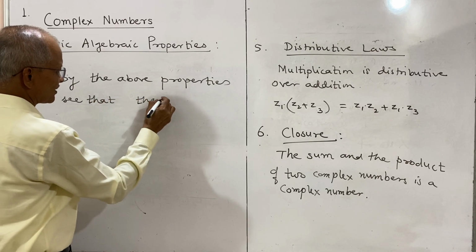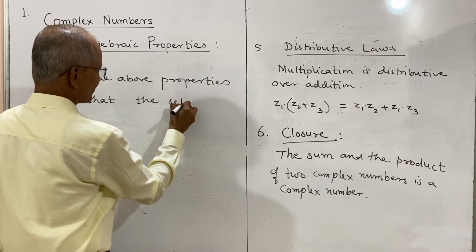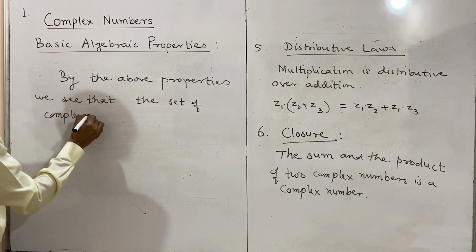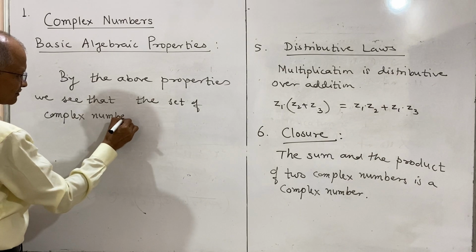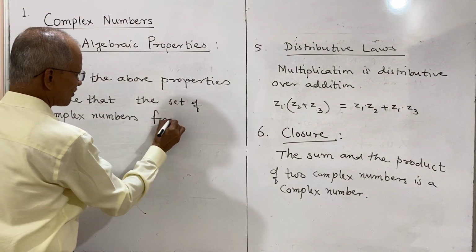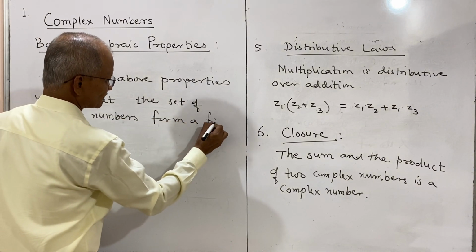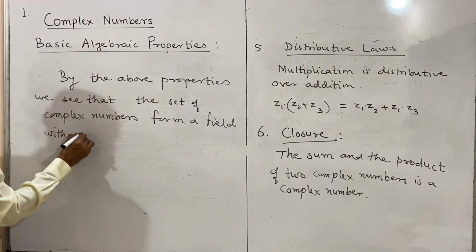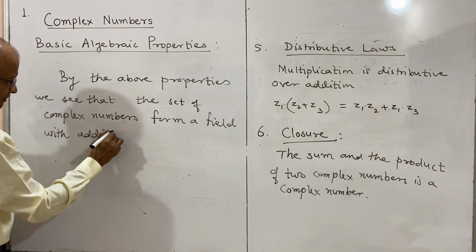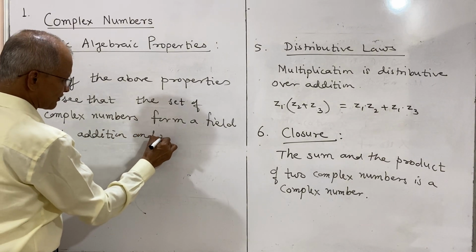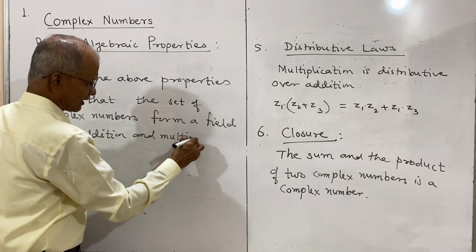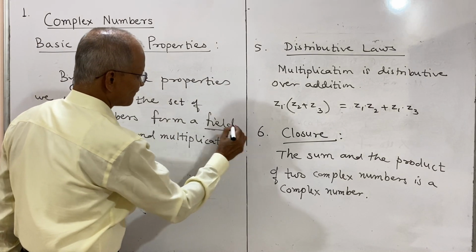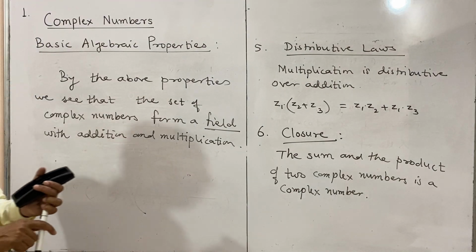The complex numbers form a field with addition and multiplication of complex numbers. So it forms a field structure.